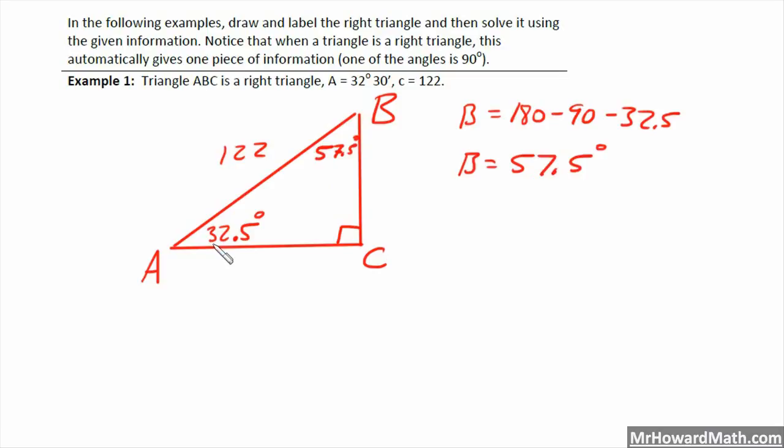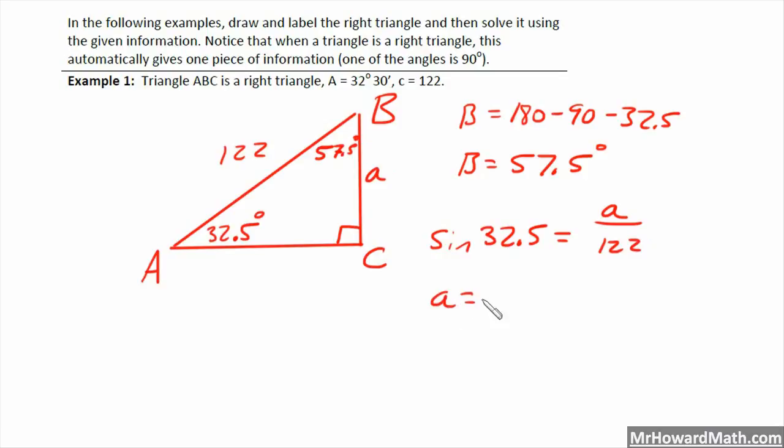And now we just need the side lengths. To do that, we're going to set up our SOHCAHTOA. It doesn't matter, we can use many different combinations of the trig functions. So I'll use sine of the 32.5 degree angle is equal to the opposite side, which is little a, I should label that, over the hypotenuse, which is 122.